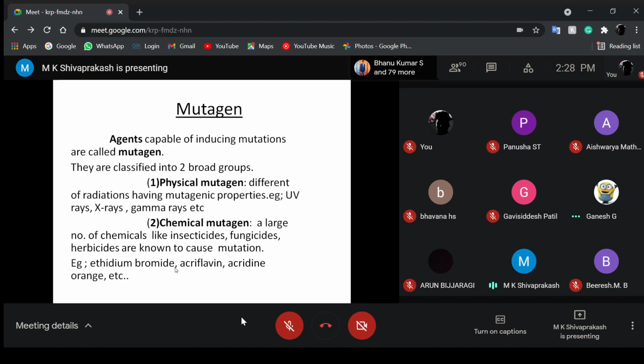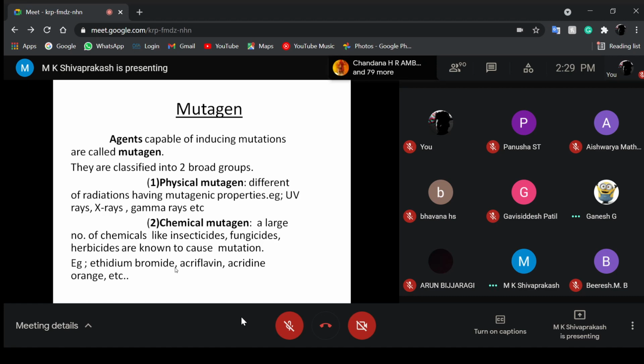Then the mutagens. There are basically two kinds: physical agents and chemical agents. The physical agents are UV rays, X-rays, gamma rays. Among them, gamma rays are highly risky, and they cause mutation.